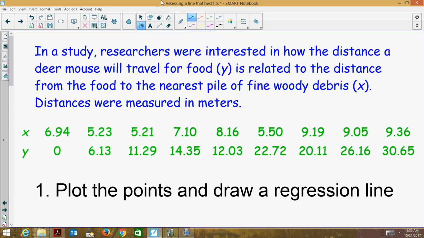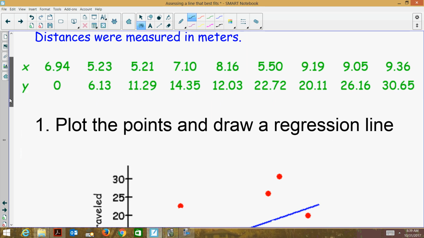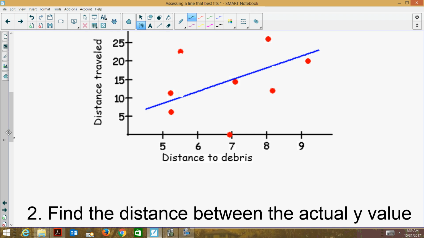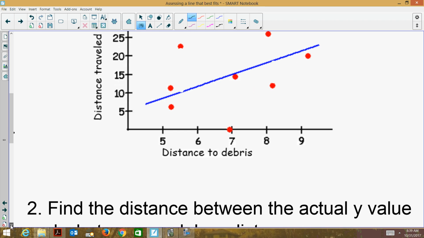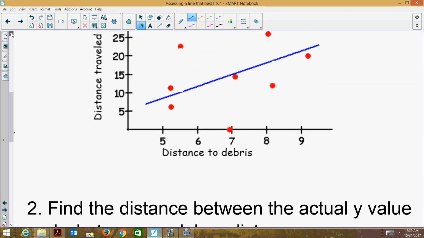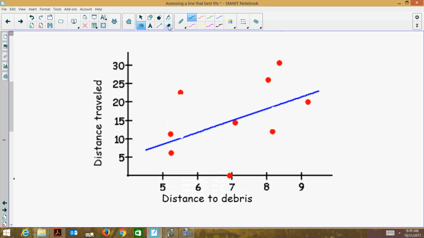Now we can use the distance between the actual y values that we have in our data set as well as the predicted y that our line would give us. This tells us a lot of information if we find it. So first, let's talk about this distance.